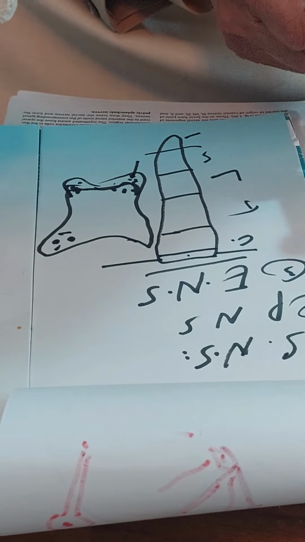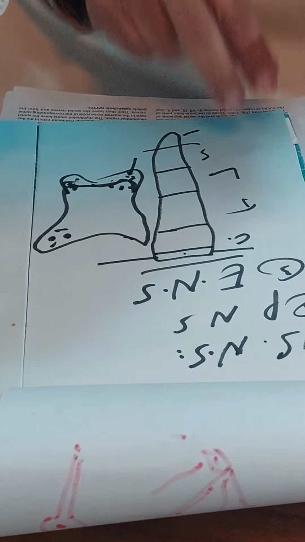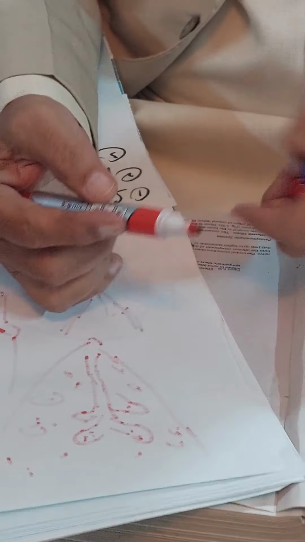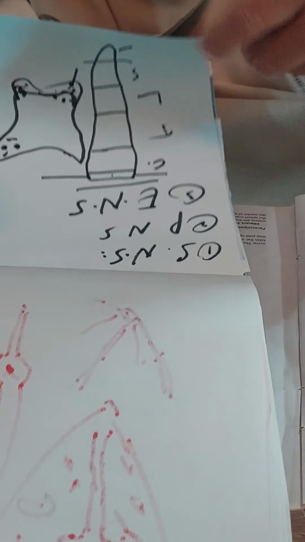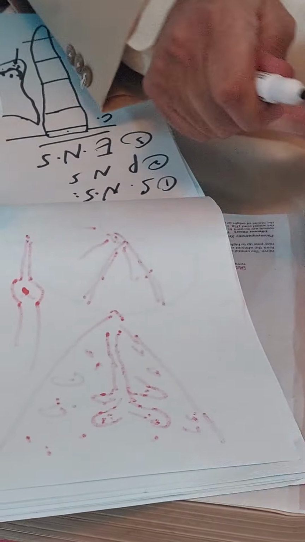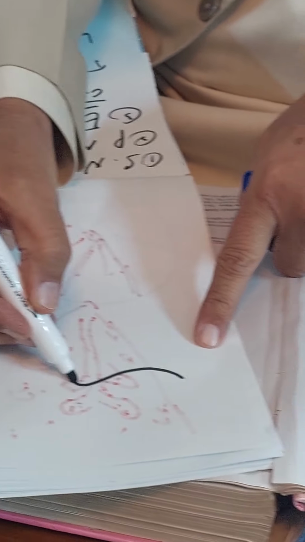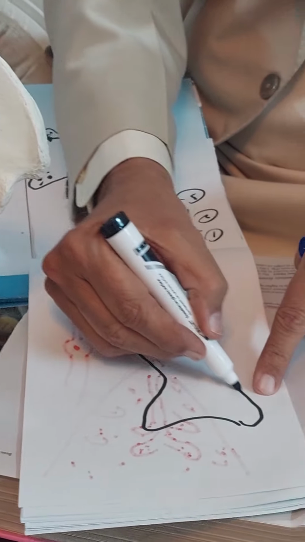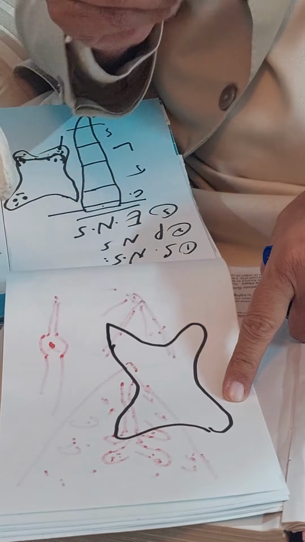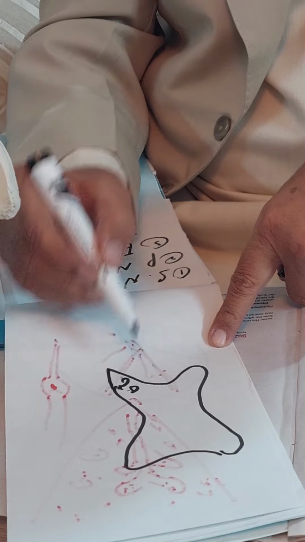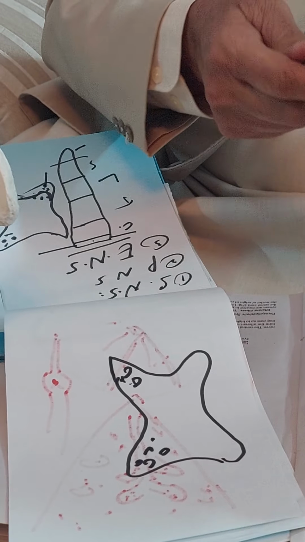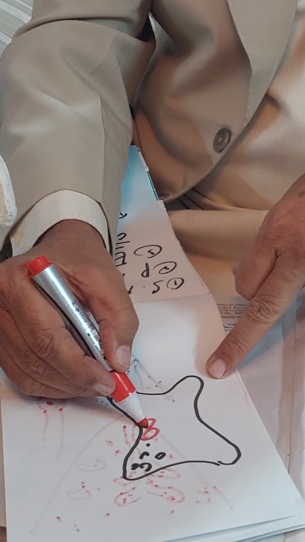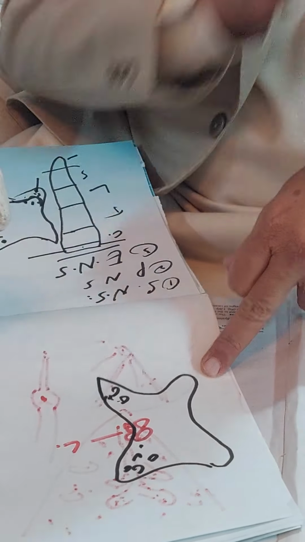But note that only in the thoracic region, from T1 to T12, and the L1 and L2 segments of the spinal cord, if you take a cross section, you will see that the gray matter consists of anterior horn cells and posterior horn cells, and also a group of cells in the lateral part, which are called lateral horn cells.